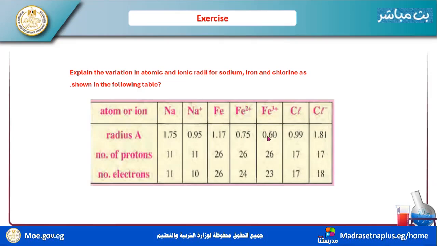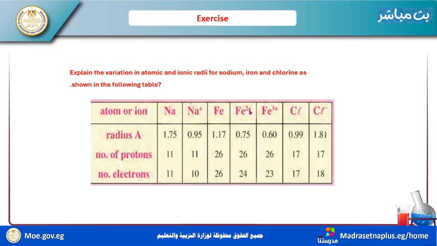By losing electrons, the effective nuclear charge increases, so the radius decreases.